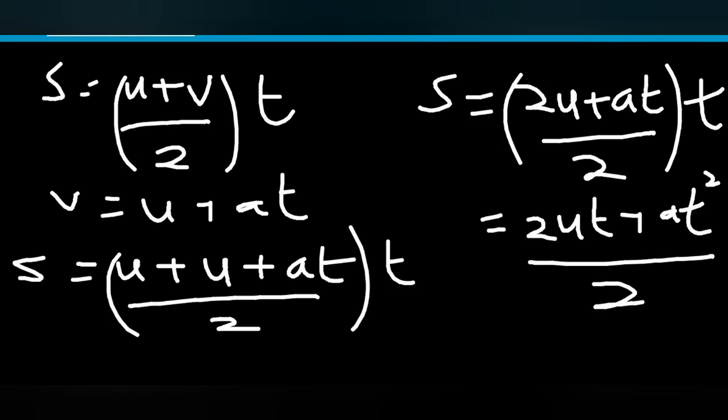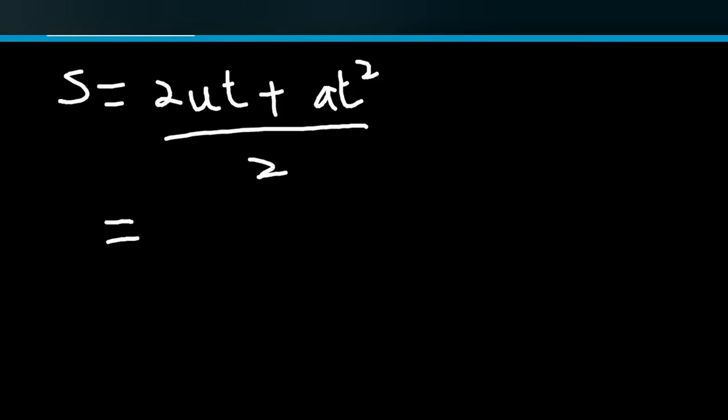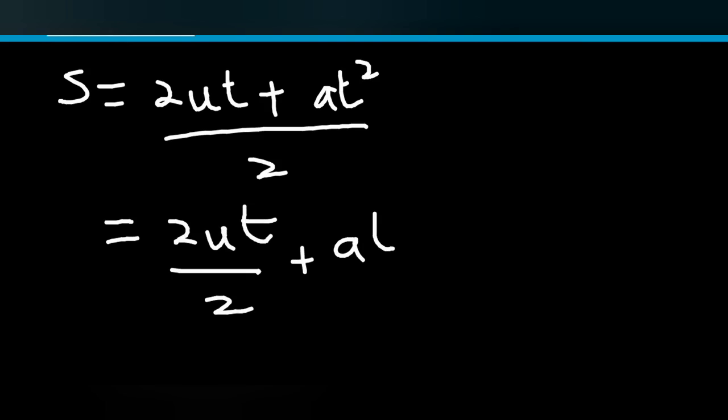If we open up the bracket, we shall have that s equals (2ut plus at squared) divided by 2. Let's take a new slide. So that we have s equals 2ut plus at squared, everything over 2, and we can split as follows: 2ut over 2 plus at squared over 2.